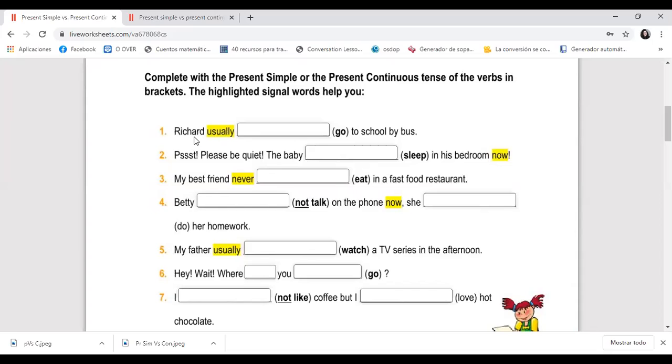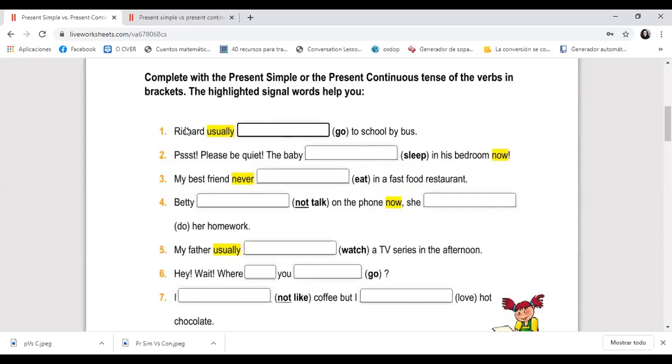So, for example, Richard usually, we have to use go to school by bus. So we have to pay attention. How are we going to write go here? Pay attention to the subject.